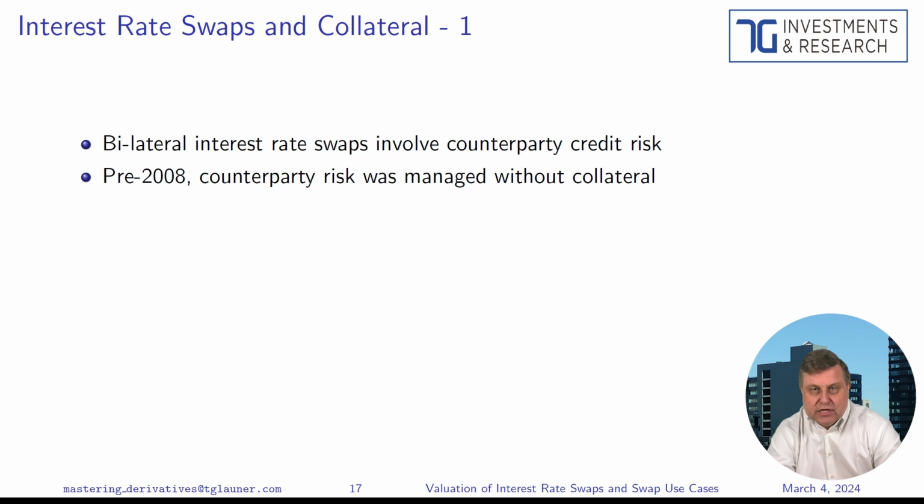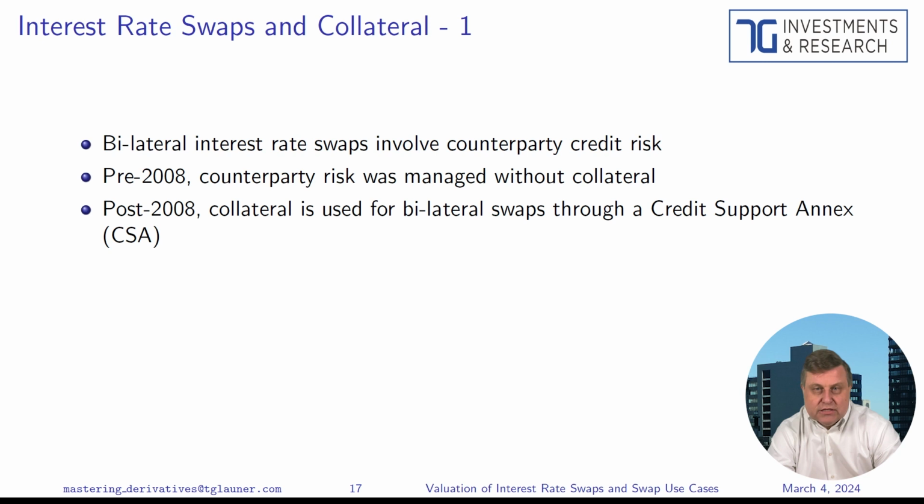Prior to the 2008 financial crisis, counterparty risk was somewhat overlooked with minimal collateral requirements, since unencumbered trading facilitated market liquidity and profits. Post-crisis revelations underscored that even prominent banks were exposed to significant credit risk, prompting widespread adoption of collateralization practices through CSAs, credit support annexes.